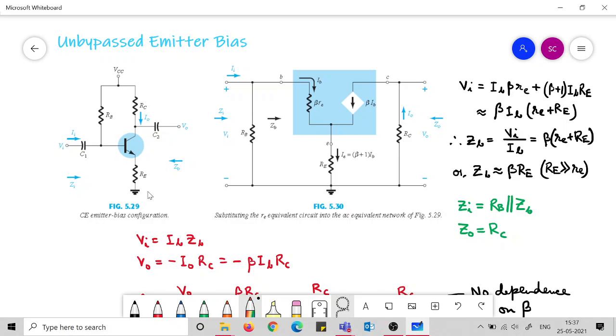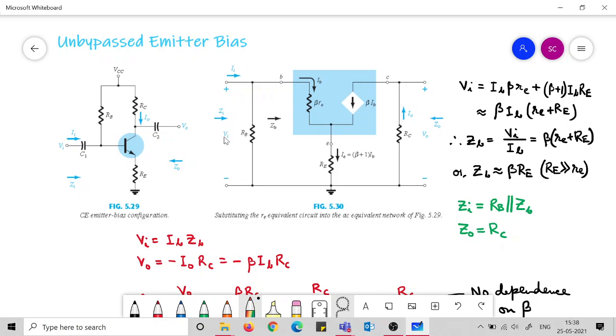The significance of this is that when you are doing the AC equivalent circuit, the emitter point doesn't become ground. There has to be a resistance connected to the emitter point, and after that the ground comes. So you see the emitter point here, which was previously the common ground, but now a resistance is here, after that the ground is coming. So this is the only difference.